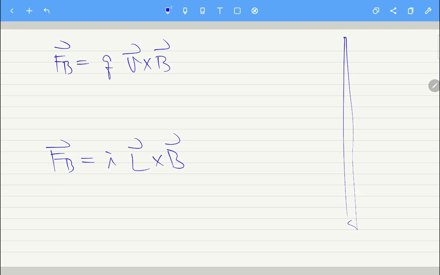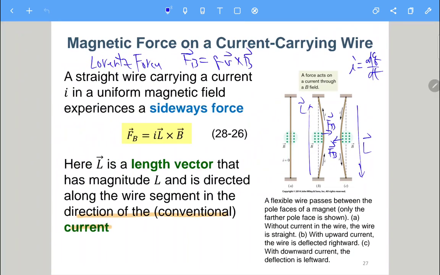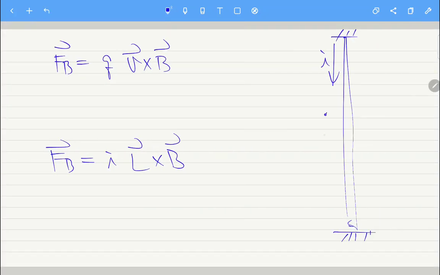Okay. So we assume that the current is going in this way, and then the B field is pointing out of the page. So here we can assume that it is positive charge.